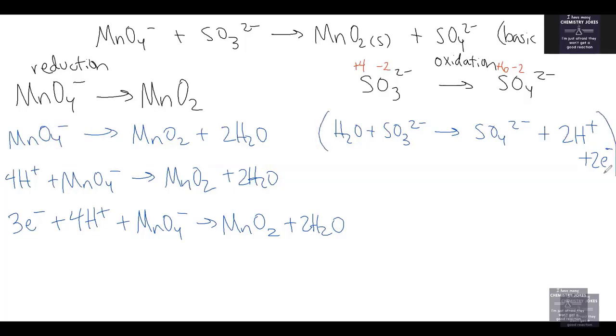Balance out the electrons by multiplying if necessary. Multiply my oxidation half reaction by 3, my reduction half reaction by 2.